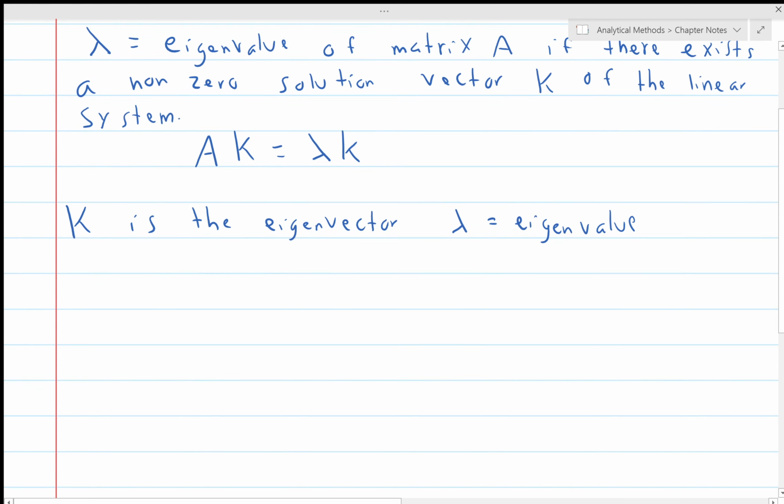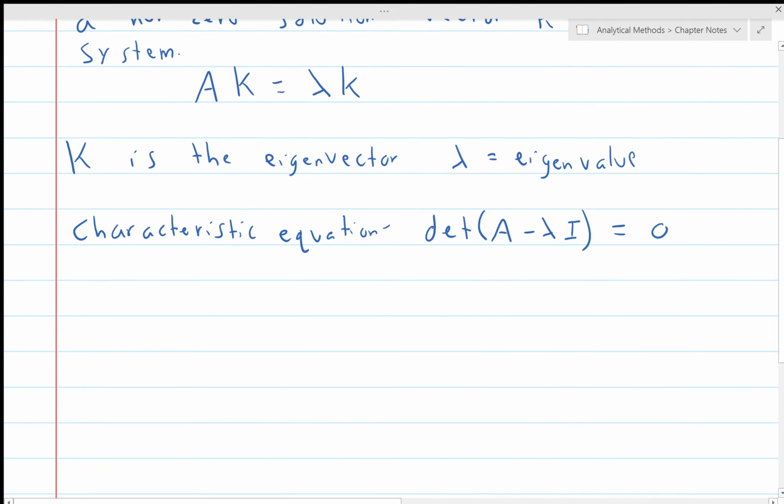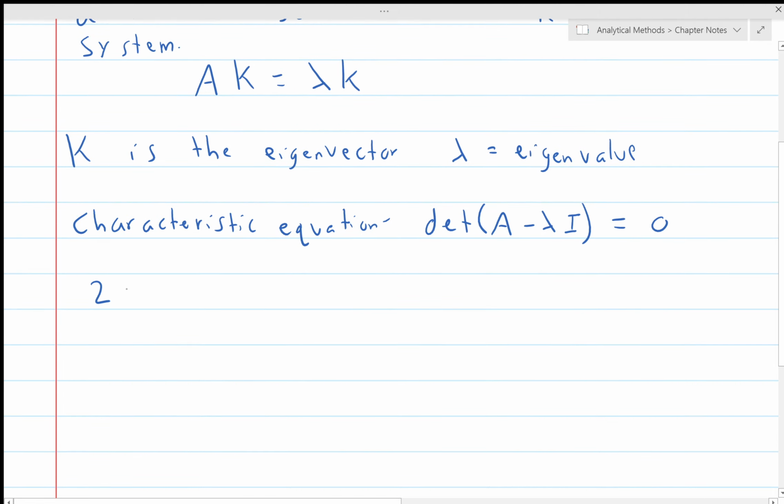So to start off how we find this, we need the characteristic equation. For linear algebra, our characteristic equation is the determinant of A minus lambda I, and that's equal to 0. So for example, we have a 2 by 2.